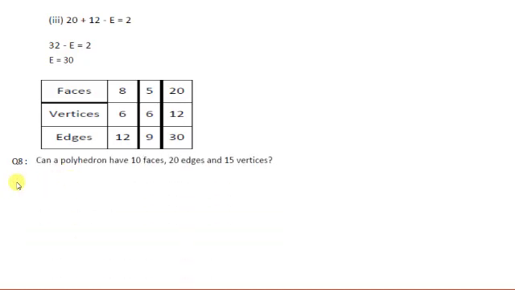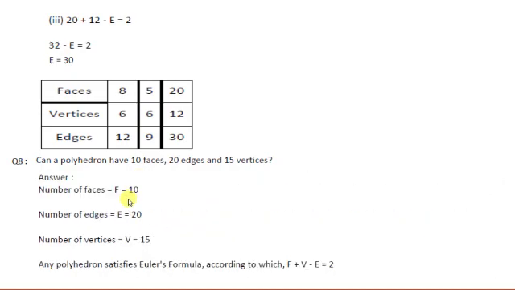Now this is the 8th question. Can a polyhedron have 10 faces, 20 edges and 15 vertices? क्या किसी पॉलीहेड्रन में 10 फेसेस, 20 एजेस और 15 वर्टिसेस हो सकते हैं? तो हम चेक करेंगे कि यूलर्स फार्मूला अगर इसके लिए वेरीफाइड हो रहा है देन इट इज़ पॉसिबल, अदरवाइज नॉट. तो F प्लस V माइनस E कैलकुलेट करेंगे.